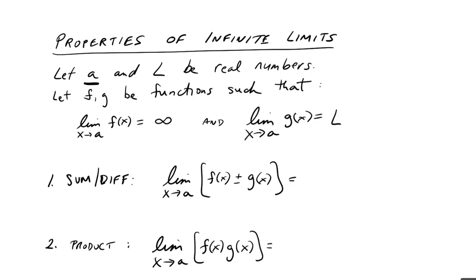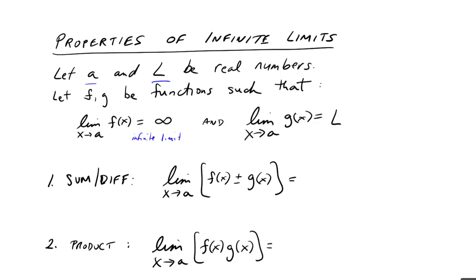So let a and L be real numbers. And let f and g be functions such that the limit as x approaches a of f of x equals infinity. So here we have an infinite limit.